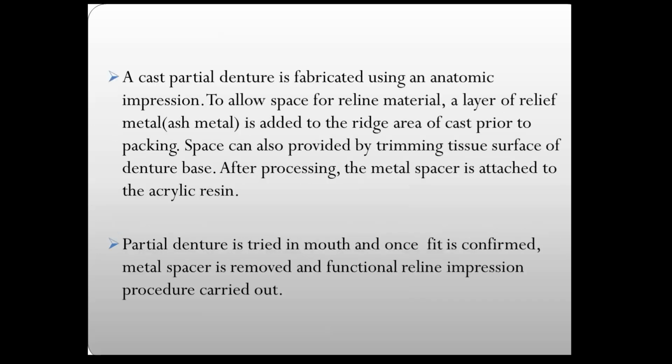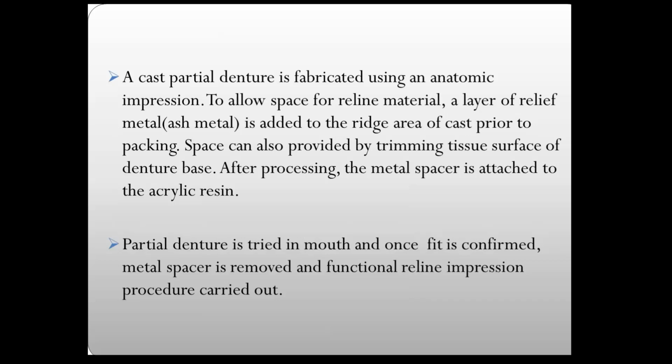So during the fabrication of the denture, we can place some kind of relief, like ash metal or something, added before packing, so that after trying in the patient, we can remove the spacer. So an equal amount of space will be there for the impression material, the relining material.